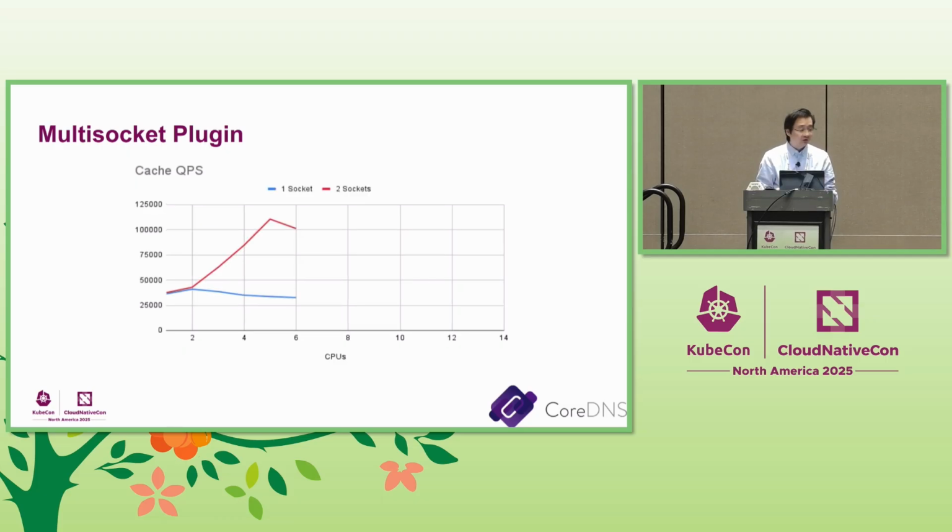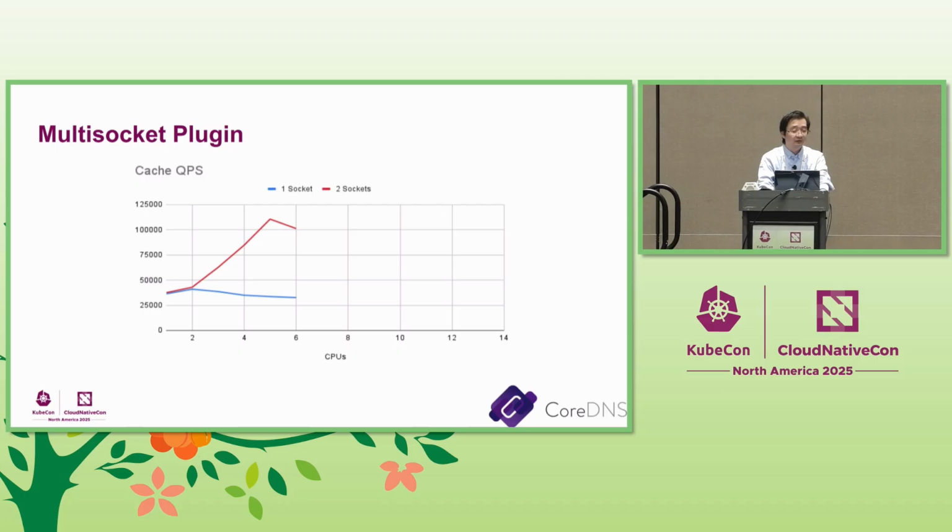But with the multi-socket plugin, you are able to scale up significantly with just two sockets. With two sockets, as you can see, the bottleneck has been gone instantly. The total performance, the QPS, has increased to around 100,000 QPS, even with just two sockets, and it's able to saturate at least 4 cores.